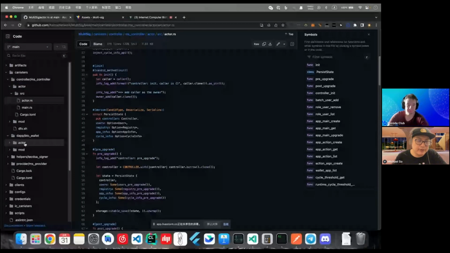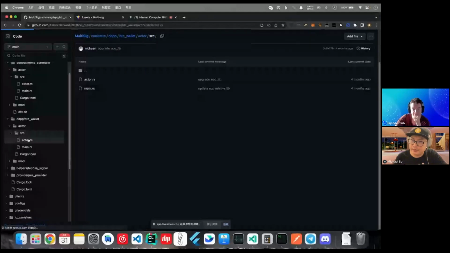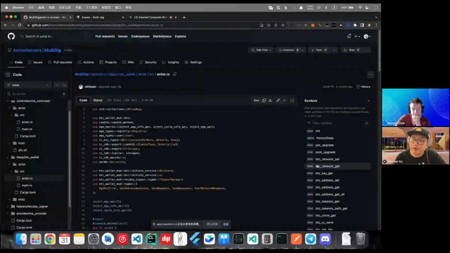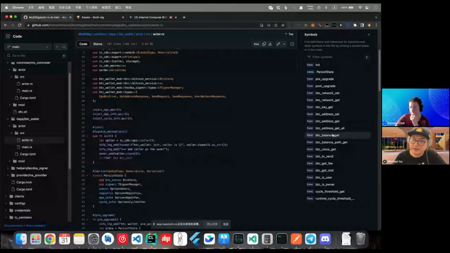And the final part is the wallet. The wallet is a purely functional canister. It uses Bitcoin's API. We can set the Bitcoin network. We can get Bitcoin's key, public key, and get the address. We can get the balance, get the UTXO, get the fee, and see who is the owner of the wallet.